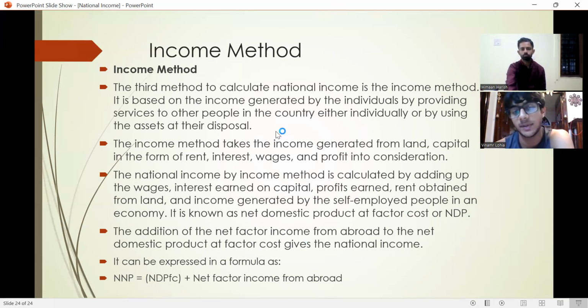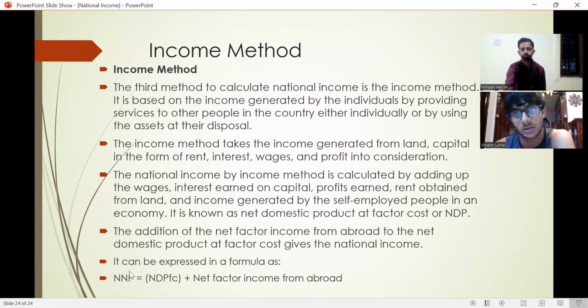So this is NNP at FC, right? Because NNP at FC would be this NDP at FC plus NFIA minus NIT. Do we have to minus anything? No, not now. Would this be NNP at market price? No, this is NNP at FC, or this is just NNP.